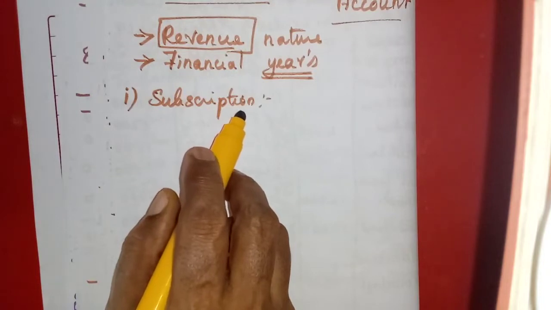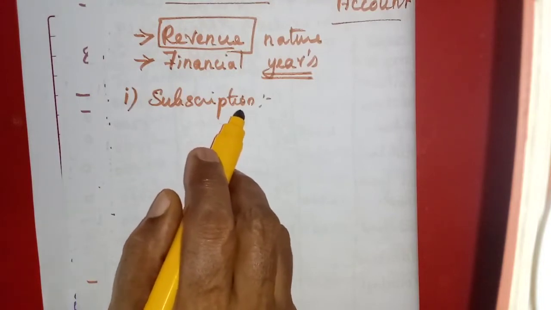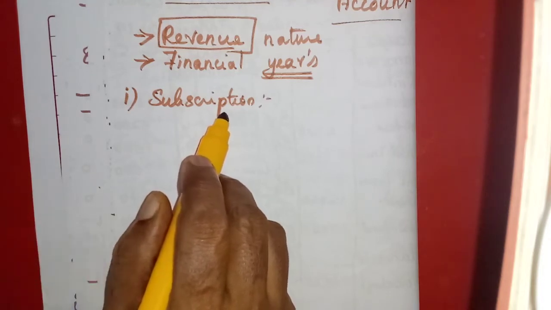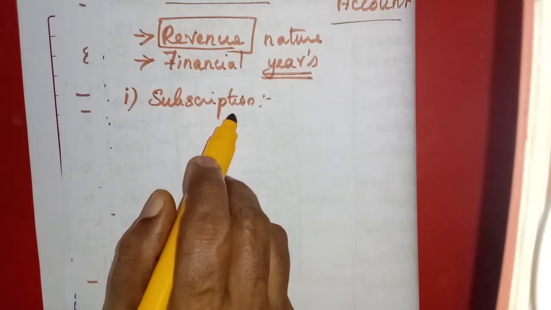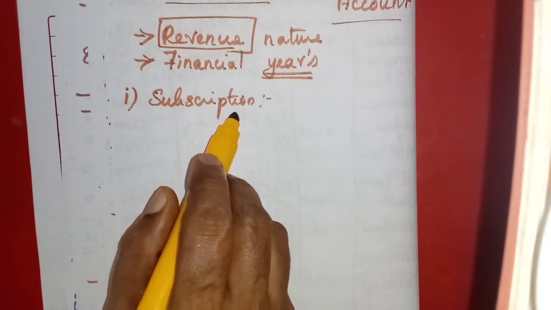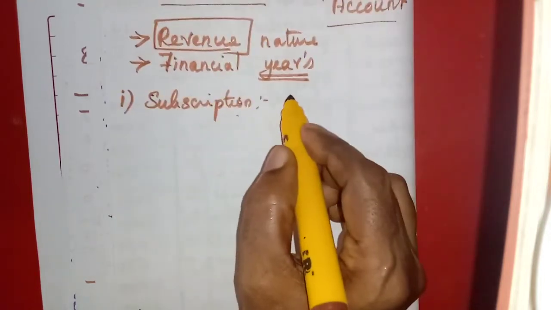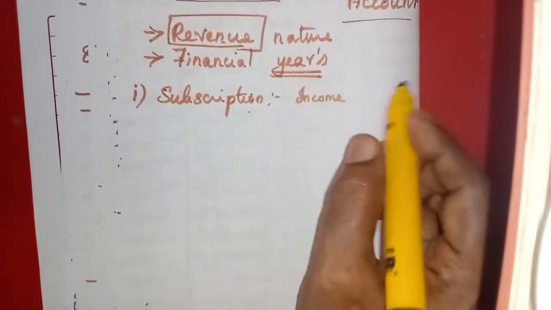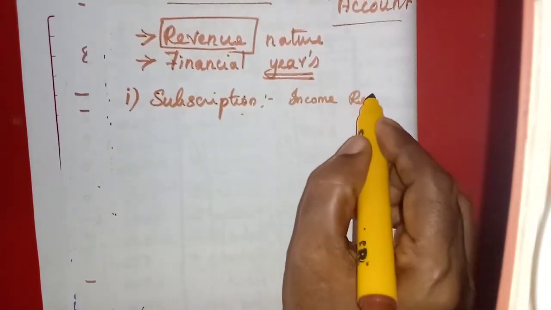First one, subscription. Subscription means, for example, monthly we used to buy some magazines, and for that we pay a subscription. Because they are running a not-for-profit organization, subscription is the main income. It must be stated on the income side because it is of revenue nature.